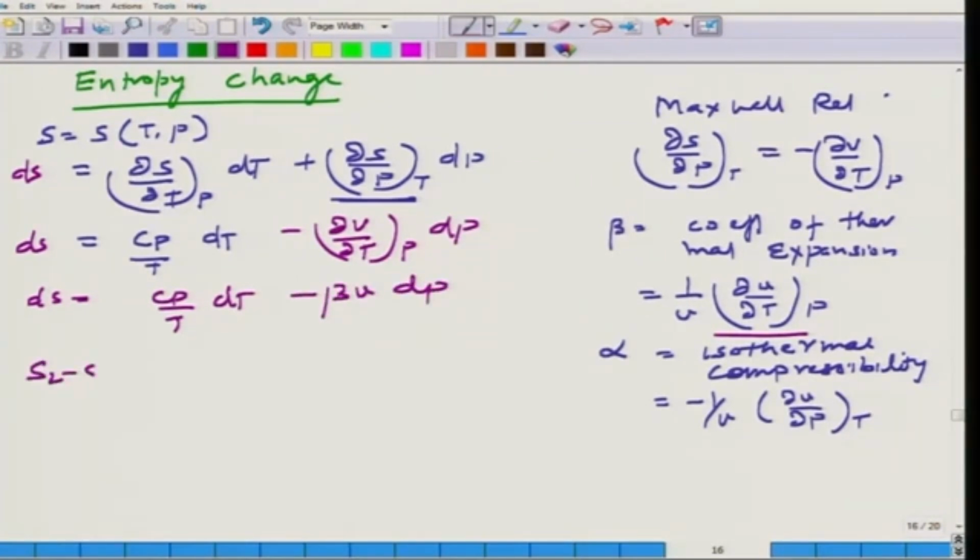So you can integrate now. This is the way of calculating the entropy, with the intensive variables T and P.